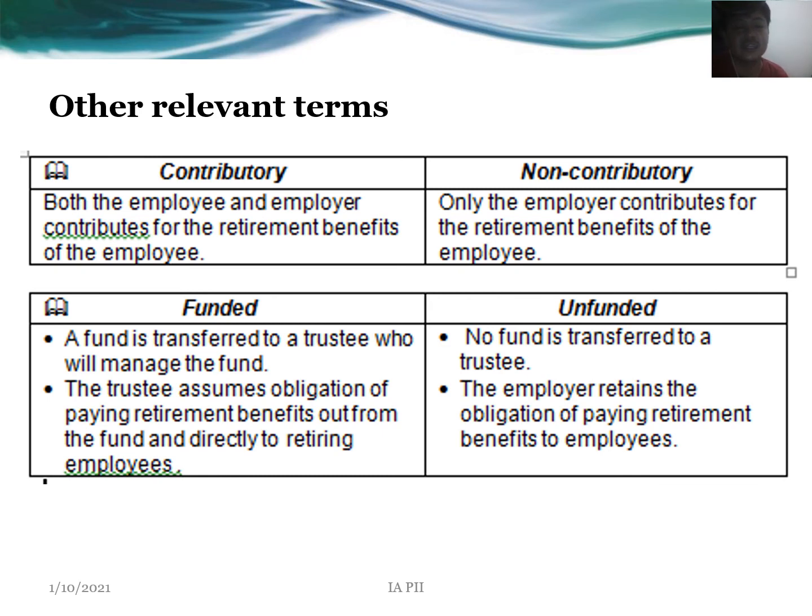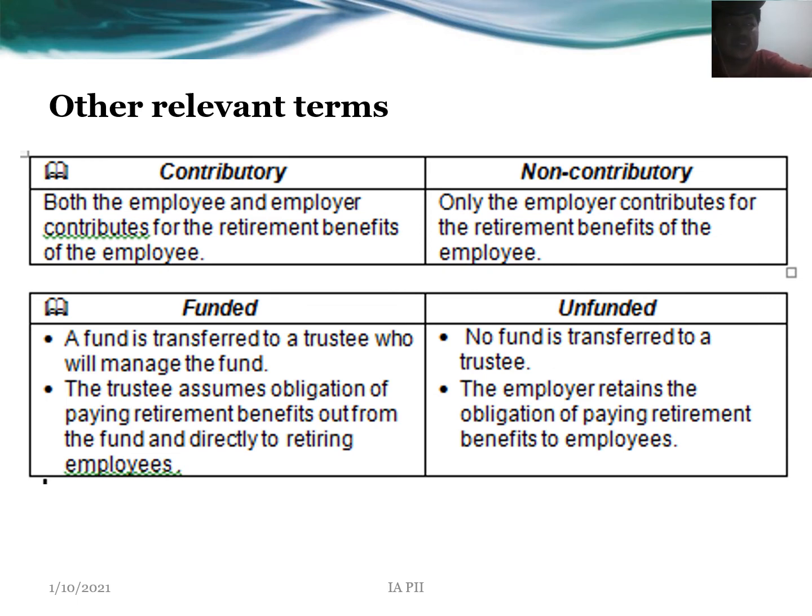So, parehas sila naghuhulog. So, para siyang SSS at saka PhilHealth. At pag-ibig, di ba? Parang yung pag-ibig, 100 kay employer, 100 kay employee. So, contributory pala ang tawag doon. Kapag naghuhulog si employer saka employee.